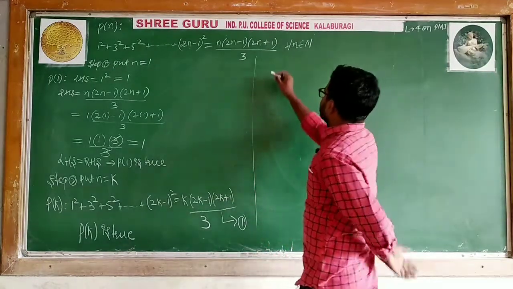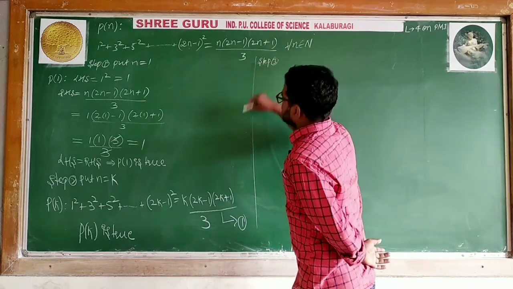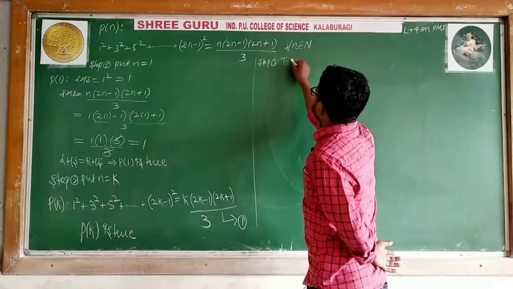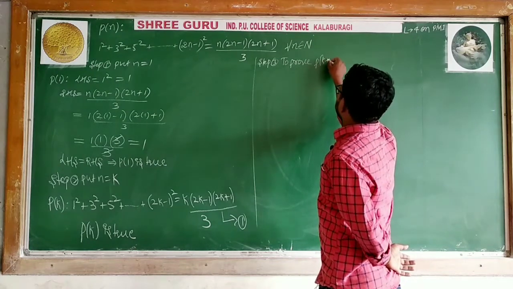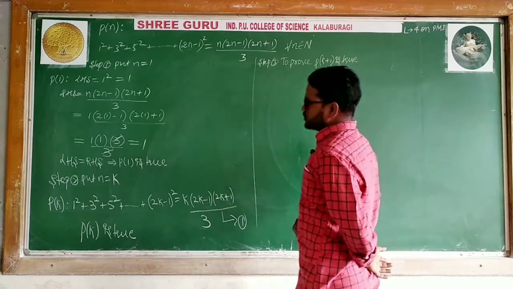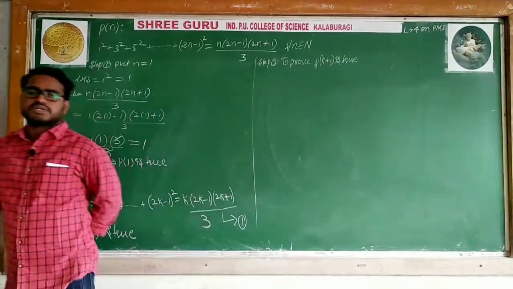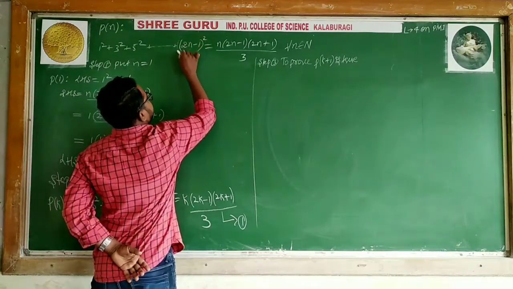Now the third step. Step 3 is to prove P of k plus 1 is true. For that, we will take an additional term. What is the additional term? It depends upon the last term.